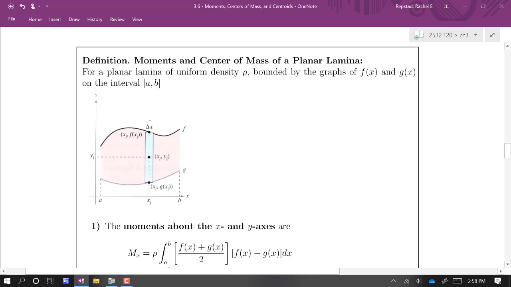The sample rectangle has an area, and since it is uniform density, rho, this Greek letter here, R-H-O, the mass of that rectangle is just going to be the area times the density.